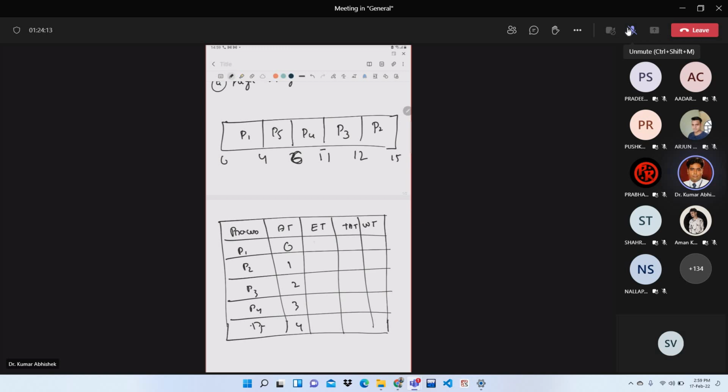End time of P1 is 4, P2 is 15, P3 is 12, P4 is 11, P5 is 6. Turnaround time: 4, 14, 10, 8, 2. Waiting time: 0, 11, 9, 3, 0.